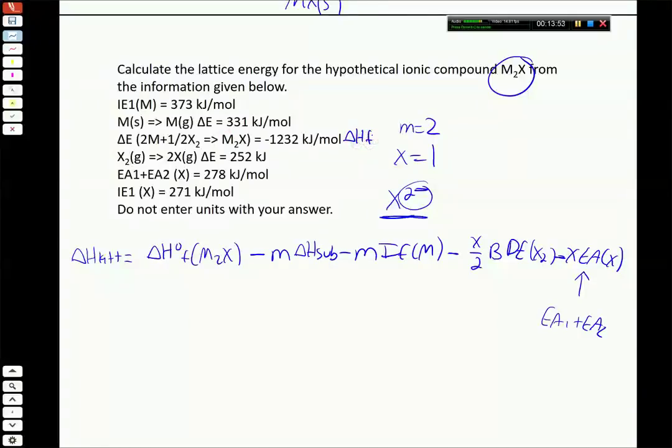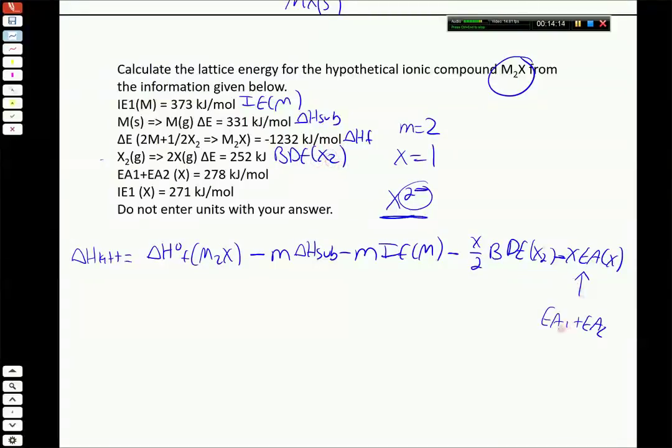Sublimation enthalpy is metal solid to metal gas, so that's this one. Ionization energy for the metal is labeled exactly like that. And we're going to use bond dissociation enthalpy for X2, which is this one here, X2 going to 2 X's. So make sure we just have all the labels correct.